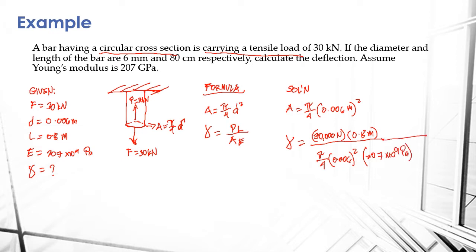So, ang elongation karon, kung ato na siyang isolve sa calculator, is equal to 0.0041 meters, or is equal to 4.1 millimeter.